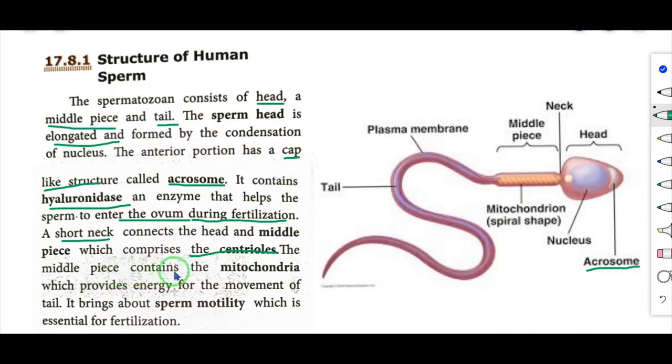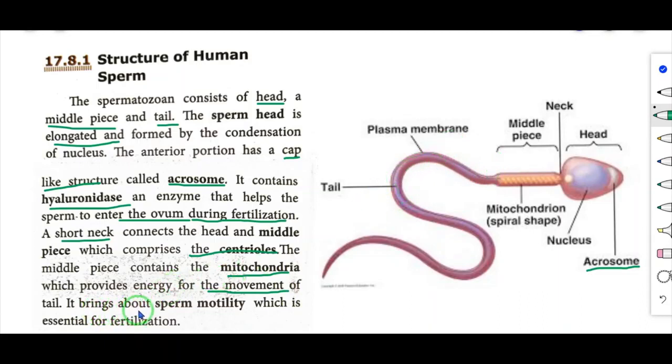The middle piece contains the mitochondria. This is the middle piece, and a spiral-like structure is present inside, which is the mitochondria. The mitochondria provides the energy for the movement of the tail.